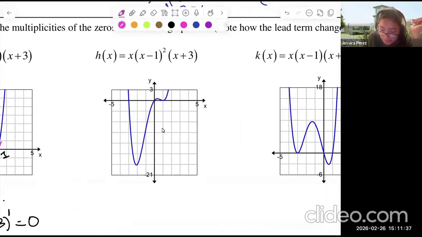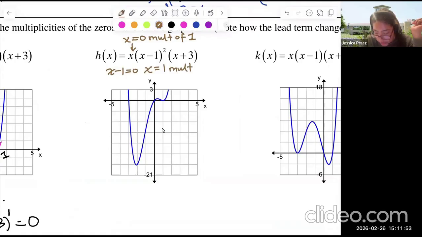Here I have, again, finding the zeros. I have x is equal to 0 here with multiplicity of 1. Then I have x minus 1, set that equal to 0. I get x equal 1. That has multiplicity of 2. And then again, x plus 3, set that equal to 0. I get x equal negative 3. That's multiplicity of 1.